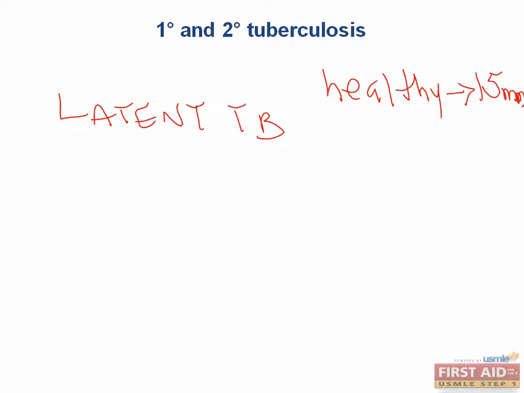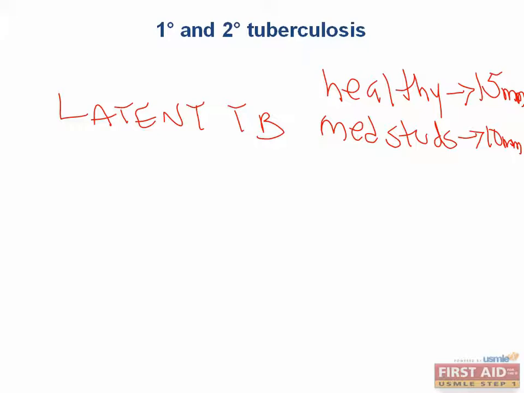Now, what if that person works in the healthcare industry? Well, in this case, the answer is 10 millimeters. Okay, 10 millimeters for med students. How about if the patient is immunocompromised, like an AIDS patient?